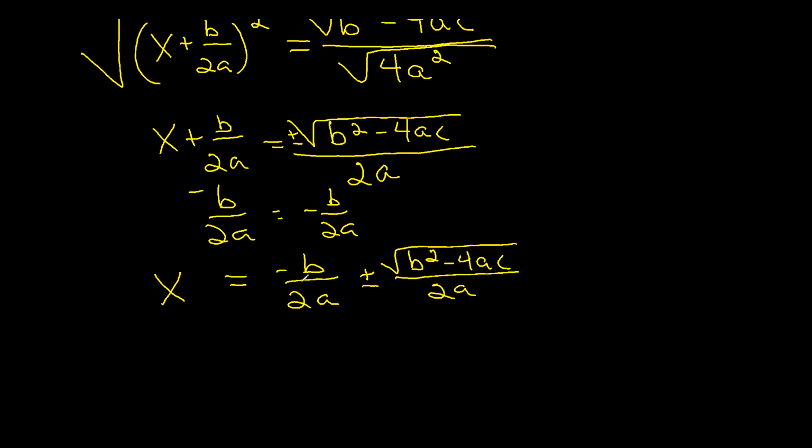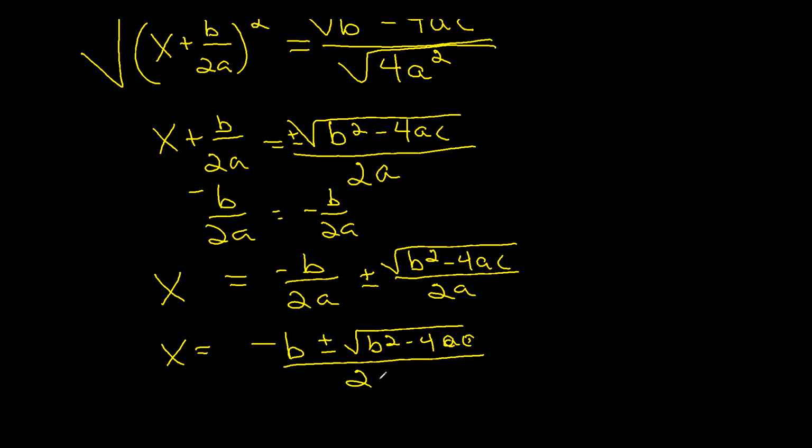And if I want to clean this up a little bit, it would just look like x equals negative b plus or minus the square root of b squared minus 4ac, all divided by 2a.